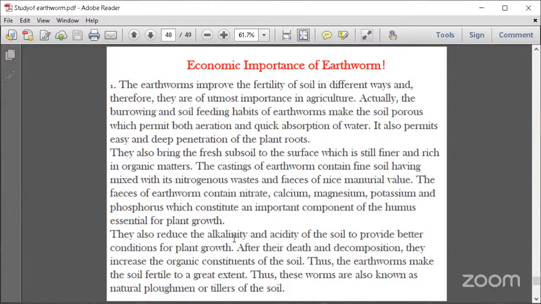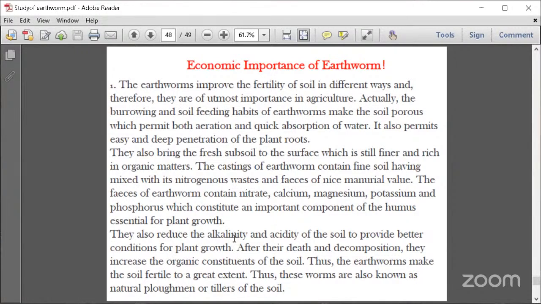The feces of earthworm contain nitrate, calcium, magnesium, potassium, and phosphorus, which constitute an important component of the humus, that is essential for plant growth.